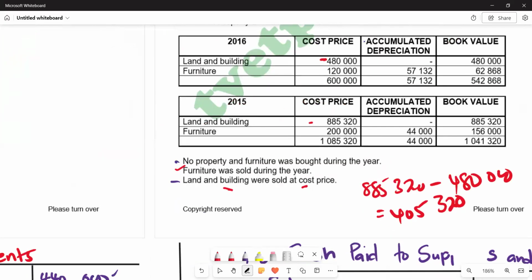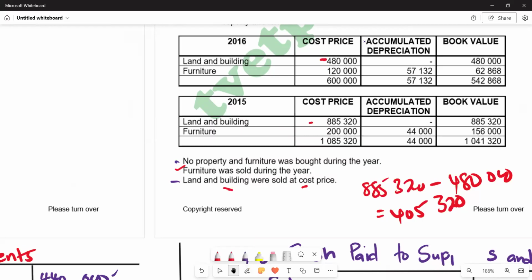So this is the first one, land and buildings were sold at cost, and then we have proceeds from sale of land and buildings, and proceeds also from sale of furniture, which is highlighted here. We say furniture was sold during the year.